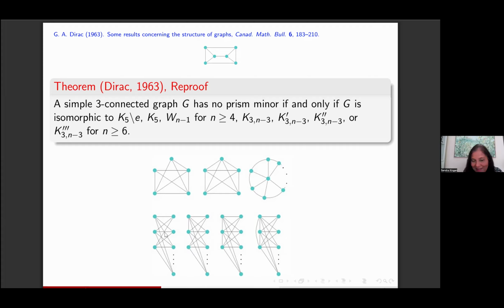But anyway, the overall conclusion of all this is that if you want to figure out an excluded minor class, you better figure out the minimally three connected members first. And if you can figure that out, then you can figure out everything else.